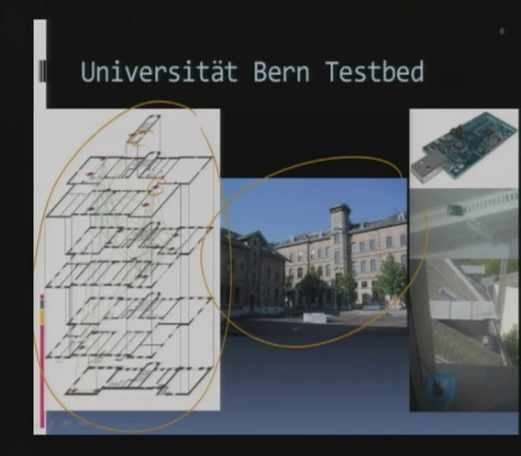Over the user interface, you can select a couple of sensors you would like to have for your experiment, allocate them, upload your code, go home, and then after an hour or 2 hours you will get your results by email, for example. You also can repeat several experiments during the night, and you do not have to care about the experiment. So it's a very controlled environment, in particular also supporting our wireless sensor network research in order to remotely and autonomously run experiments and also repeat experiments.